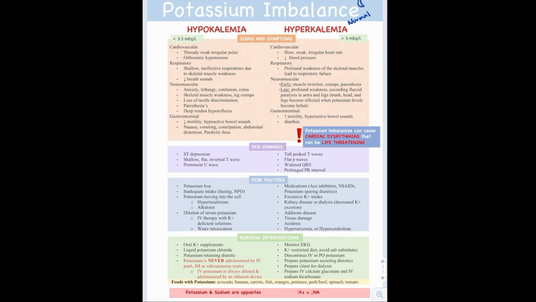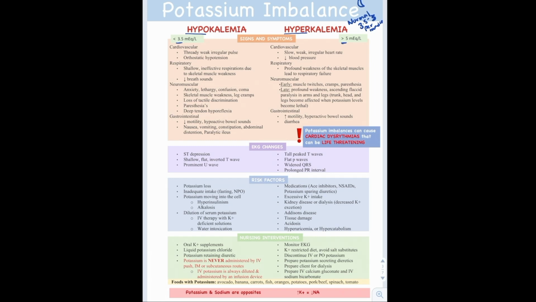When you buy a bunch of bananas at the store, you have between 3.5 to 5 bananas per bundle. Hypo means low, so that's anything less than 3.5. And hyper is high, so that's anything greater than 5. Those are our parameters.